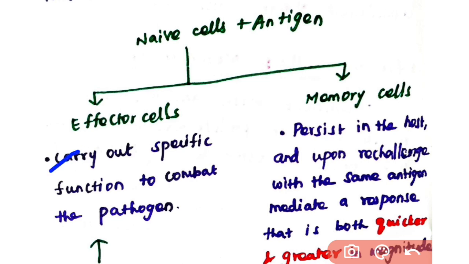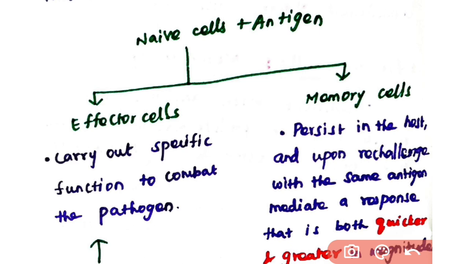Effector cells carry out specific functions to combat the pathogen, that is, they fight the pathogen. Effector cells are action cells, but memory cells persist in the host and will act only upon re-challenge with the same antigen. So these memory cells persist in the body for a long time and give long time protection against the same pathogen.